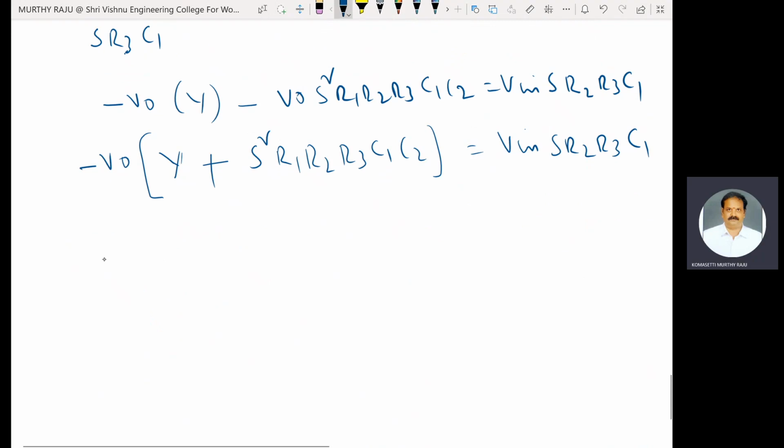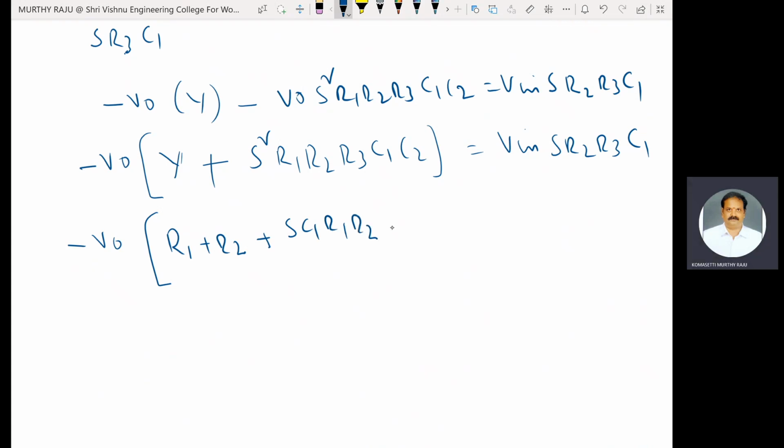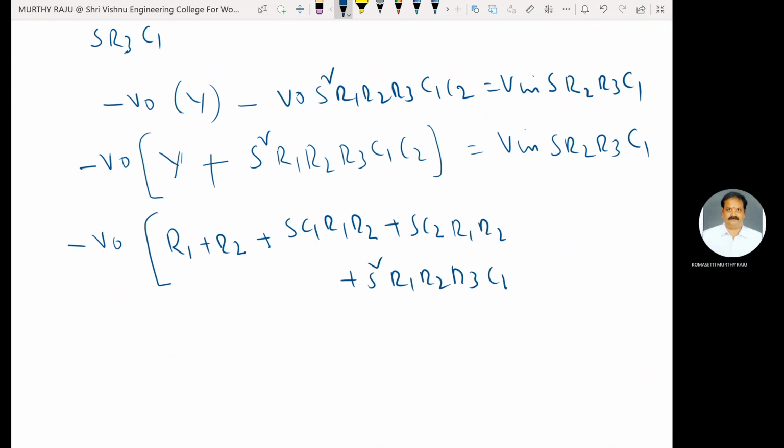Substitute Y in that equation. Minus V naught times R1 plus R2 plus SC1 R1 R2 plus SC2 R1 R2 plus S square R1 R2 R3 C1 C2 is equal to V in S R2 R3 C1.